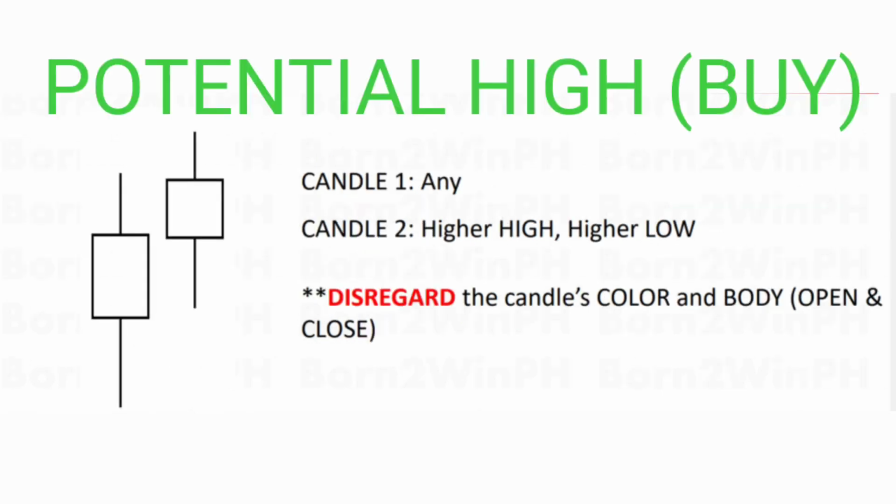Now here is another indicator for a potential high or buy position, which is the candlestick formation. Candlestick formation is always composed of two candlesticks. The second candlestick is higher than the first candlestick. Disregard the color of the first candlestick. It could be a bearish candle or a bullish candlestick.